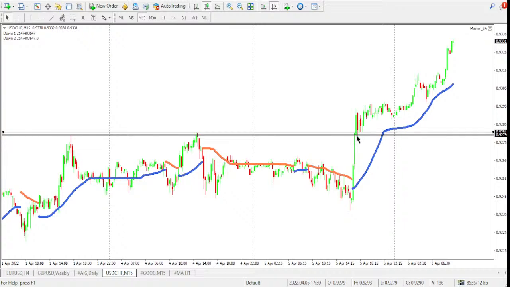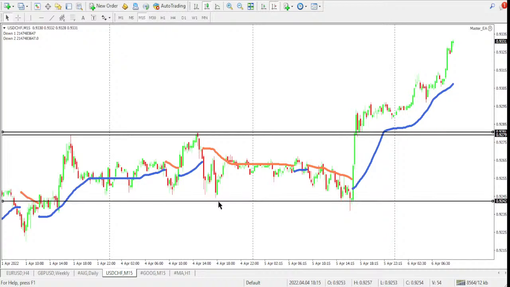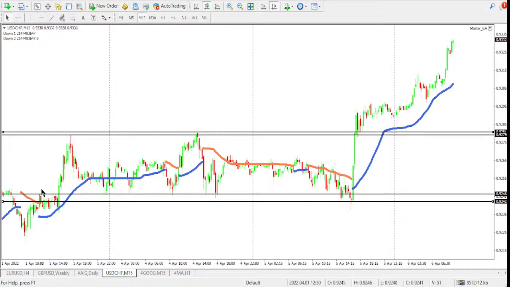If you are trading strictly based on horizontal levels, then you could have taken a very good buy when the price was somewhere here. We have another support here, and some minor resistance here.